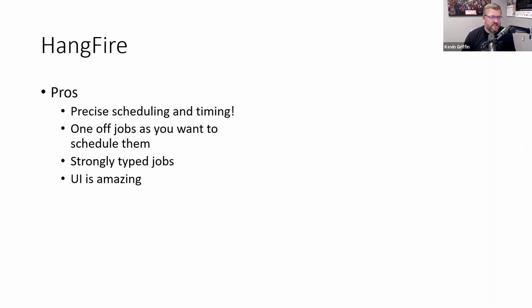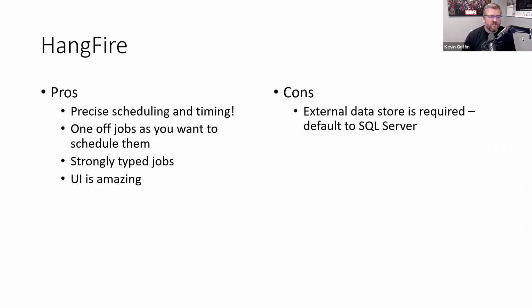The UI is amazing. It's not amazing to look at, it's just ugly Bootstrap, but it's great to have a UI for your background tasks because you can see at a glance what's happening, what's currently in progress, what's failed, and why it failed. It's really useful to have all that. The cons: an external data source is required, so you have to have SQL Server or something.